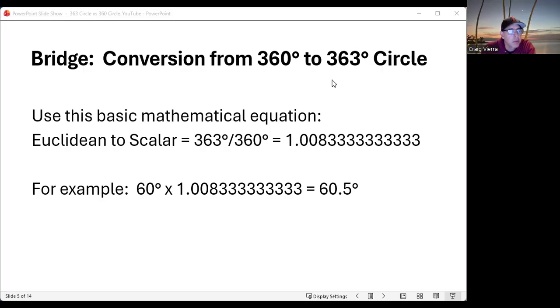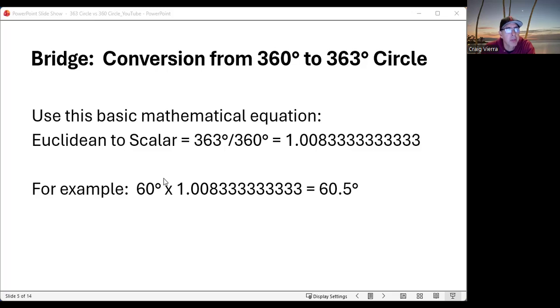So we can go back and forth between Euclidean and the scalar geometry or circle by this mathematical equation here. If you take 363 degrees divided by 360, the conversion is 1.00833333.